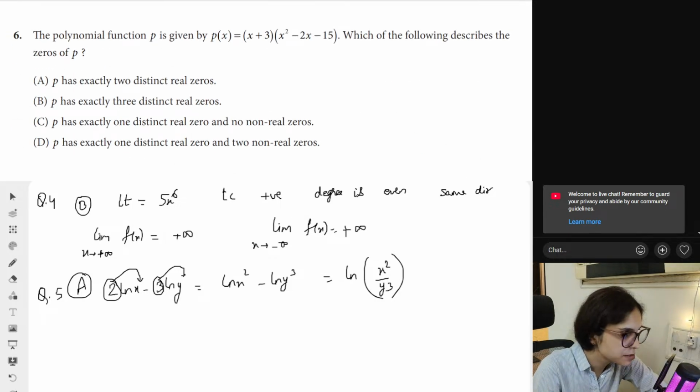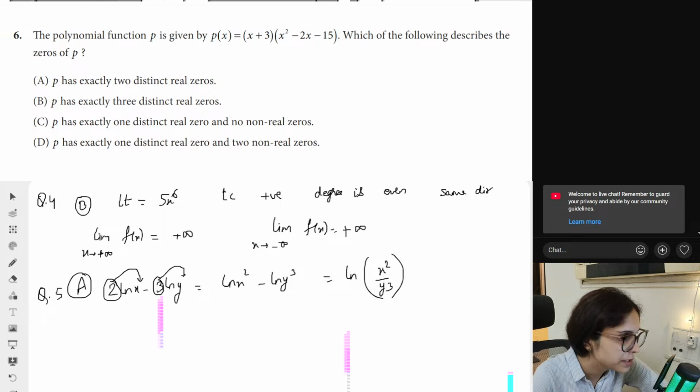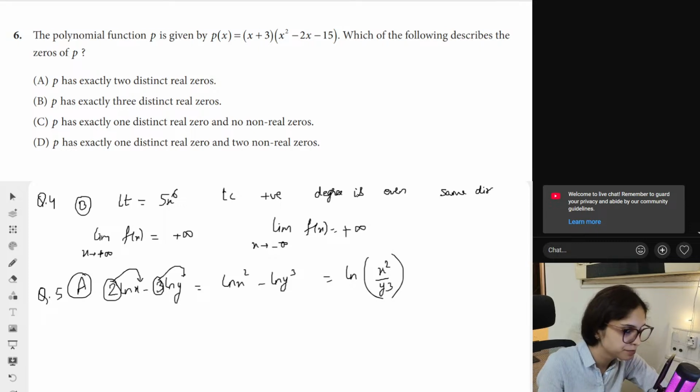Now question number 6. The polynomial function p is given by p of x is equal to (x plus 3) times (x squared minus 2x minus 15). How many zeros are there? So for this, because no calculator is allowed, for x squared minus 2x minus 15, we will factorize it.